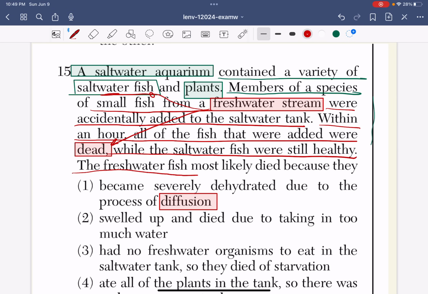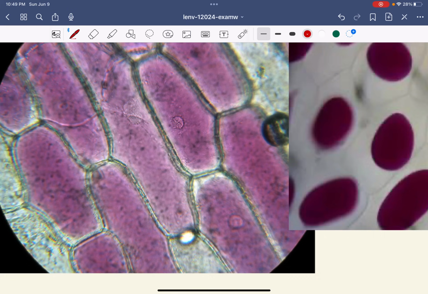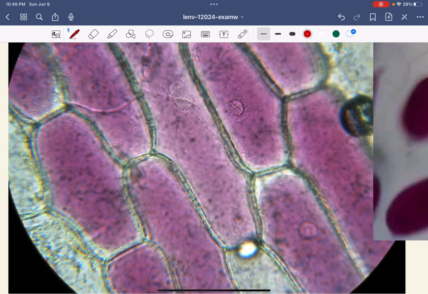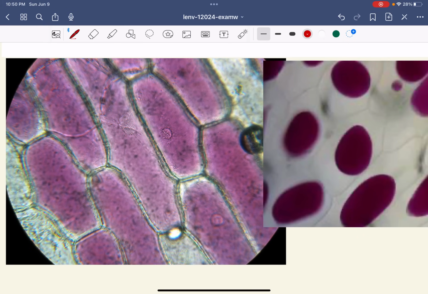The freshwater fish most likely died because of... before we look at the answers, do you know what you're looking at right now? Do you see this picture? What is this a picture of? Do you remember? If you said onion cells, you are correct. Red onion cells to be exact. I mean, they look purple, but we call them red onion cells.